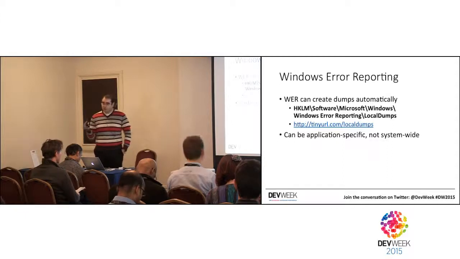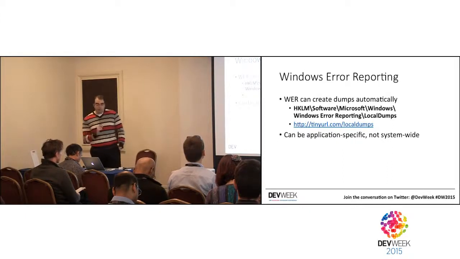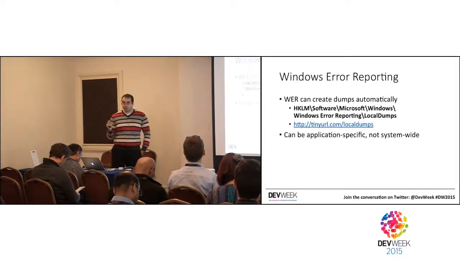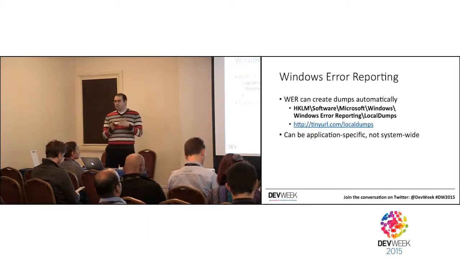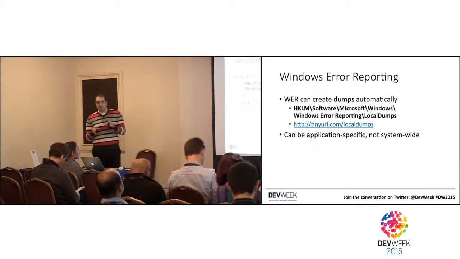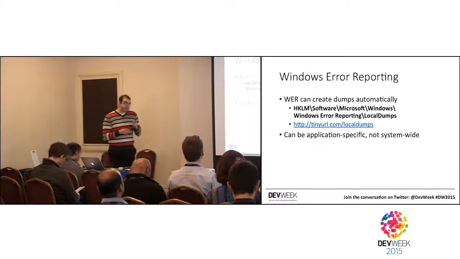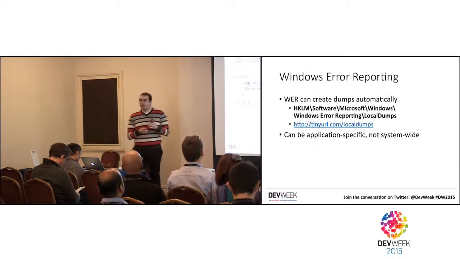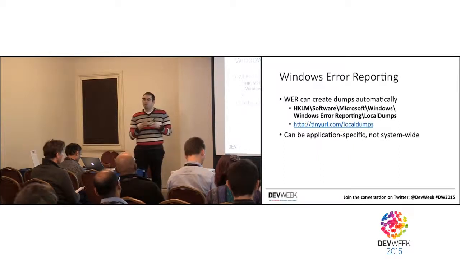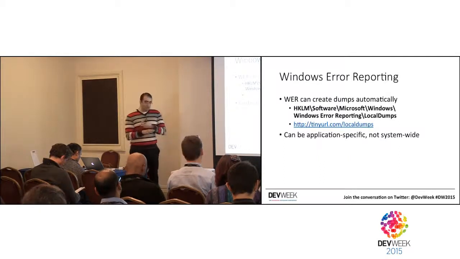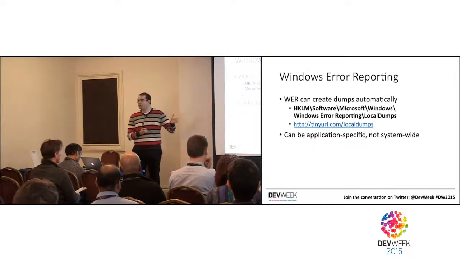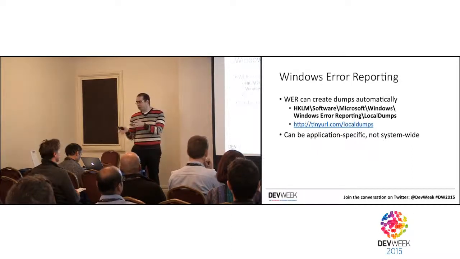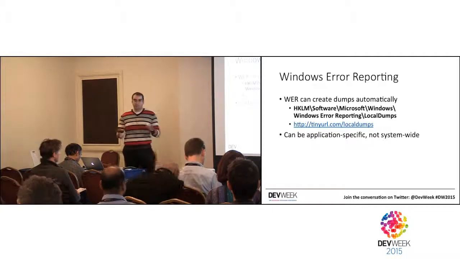One really powerful option, which you have to be aware of, especially if you're dealing with production systems, is Windows error reporting. Again, as of Windows Vista, there is a built-in system in Windows, a subsystem really, which can generate a dump file for you whenever a process crashes. So anything that crashes, a console application, a WPF application, an ASP.NET application, really doesn't matter.